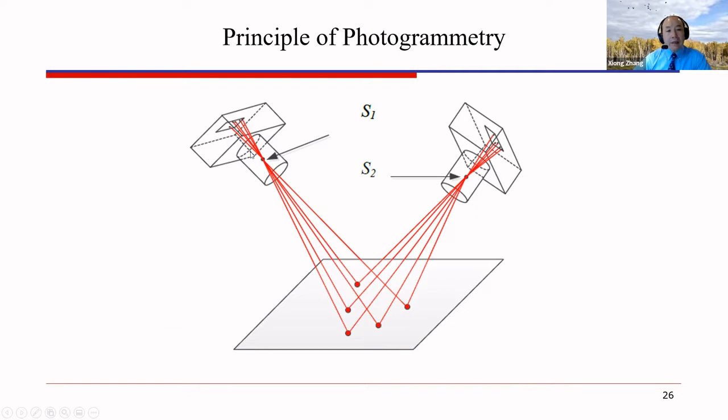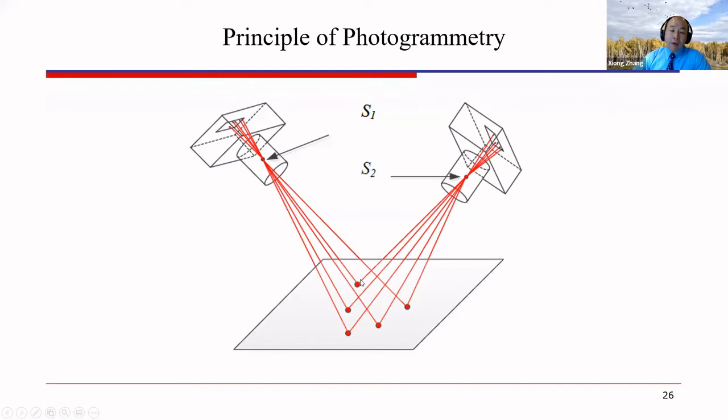The reason is I can set up my coordinate system at the center of the first camera location, and then the second camera position in the coordinate system of the first camera has 6 unknowns: X, Y, Z coordinates and 3 shooting directions, right? So you need 6 points to set up 6 equations to solve for this camera position relative to the first camera.